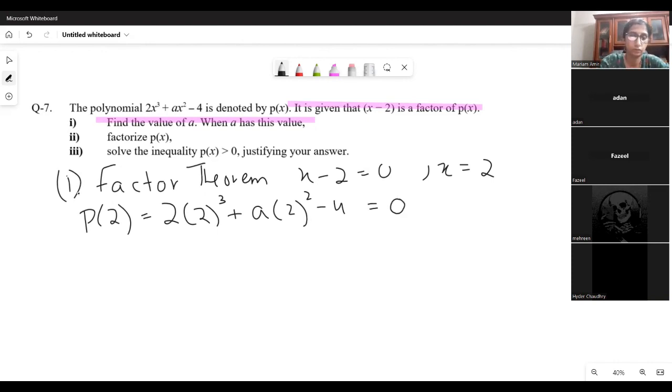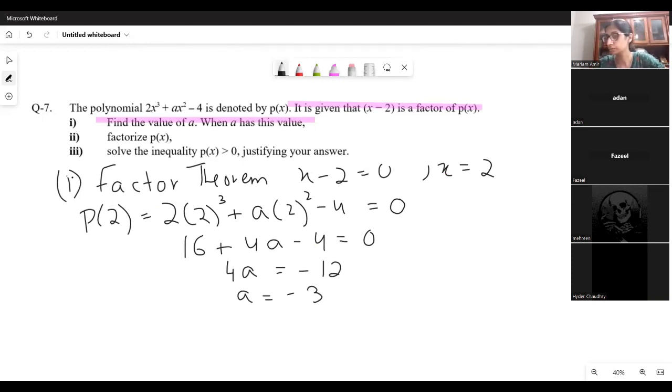So that gives us 2 times 8 is 16 plus 4a minus 4 equals 0. So 4a equals minus 12, a equals minus 3. Let me confirm. Yes, that is correct.